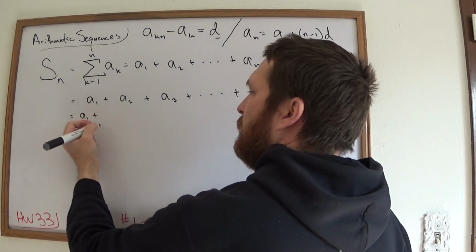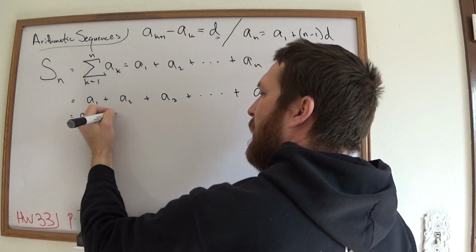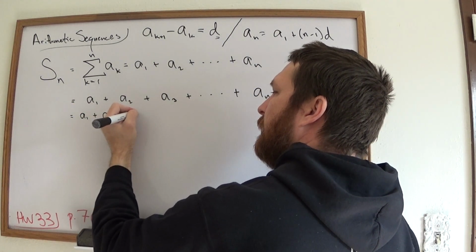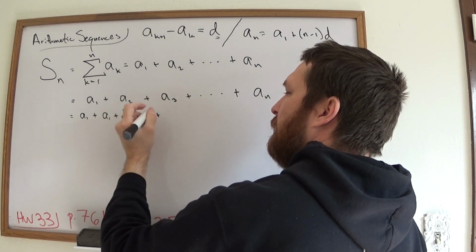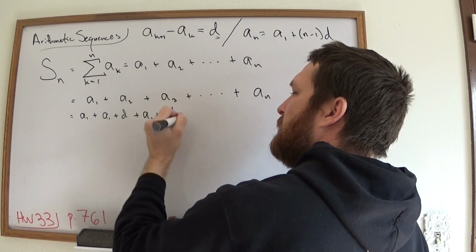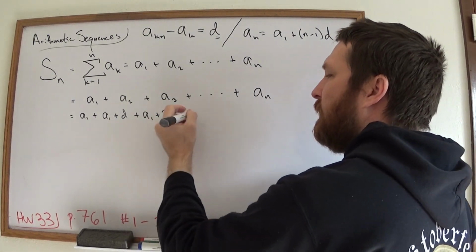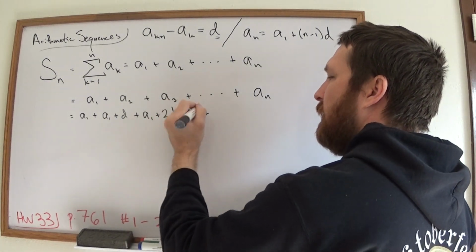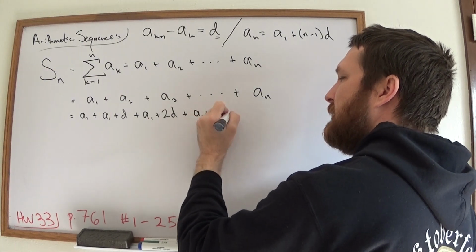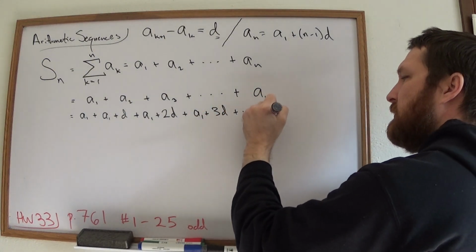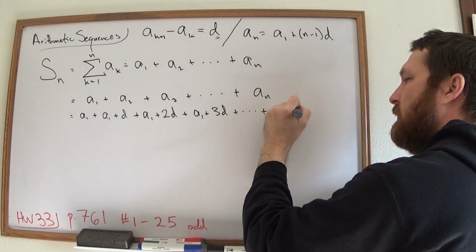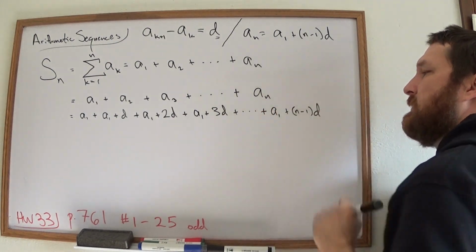But what is A2? A2 is what you got when you went A1 plus D. You add that to A3, which is what you got when you did A1 plus 2D. And I don't have them here, but we'll do the next one, A1 plus, how about 3D? And so on, all the way up to the last one, which is A1 plus n minus 1 D.